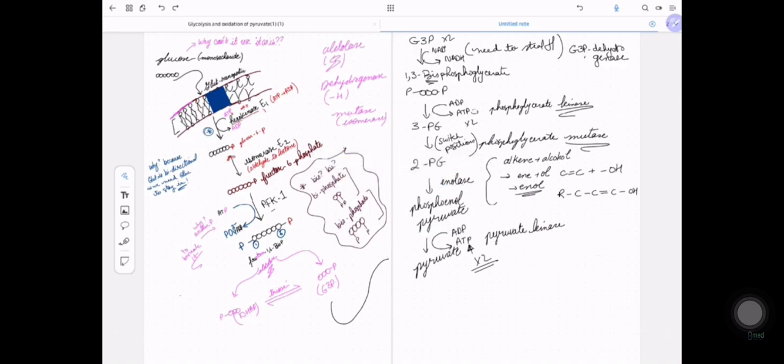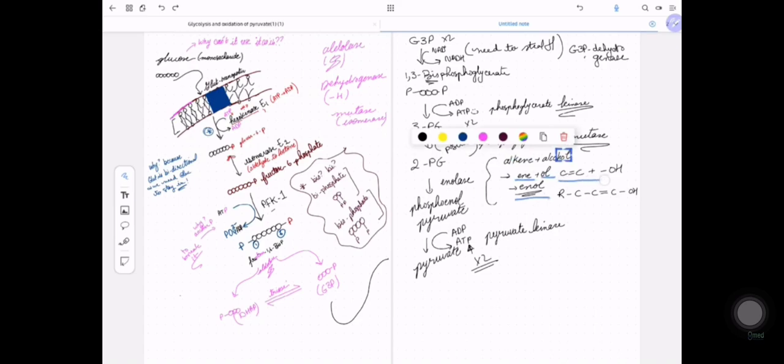Enol. Okay, so if we go back to basic chemistry, we know that there are alkanes, alkenes, and alkynes. This is an alkene, right? And this is alcohol, the functional group of alcohol, right? So if you add the functional group of an alkene and an alcohol, ene plus ol, you get an enol.